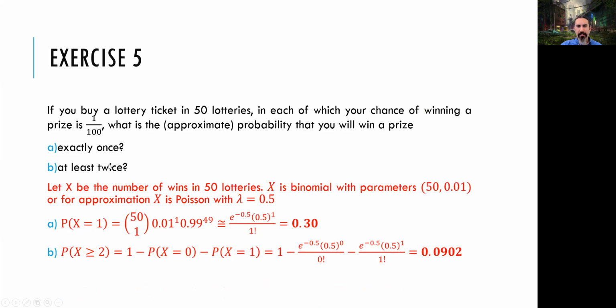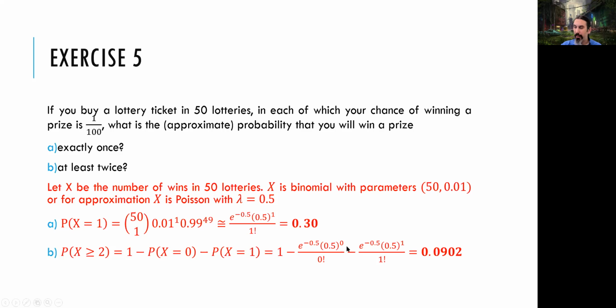And at least twice. Now, this is a bit trickier because when it says at least twice, okay, I have to check 0 and 1 as well. Because when I say at least twice, you are just excluding 0 and 1. So I have to find the probabilities of 0 and 1, which I have found one of them in the earlier stage anyway, and then subtract that from 1. So 1 minus the probability of x is equal to 0, and the probability of x is equal to 1 as well.